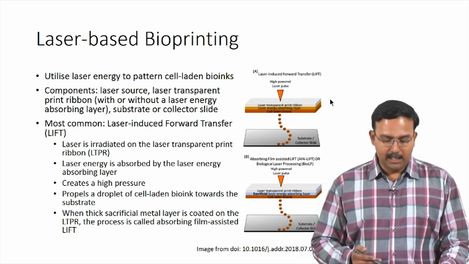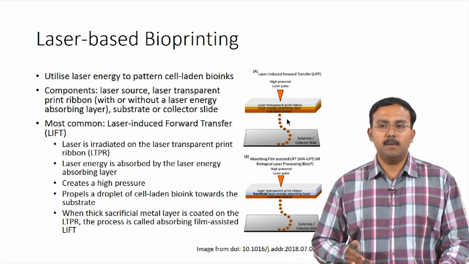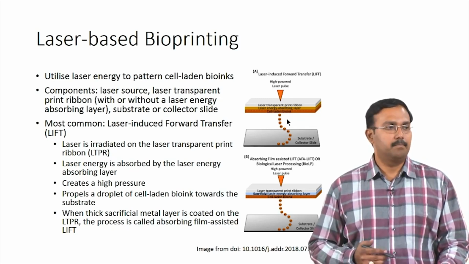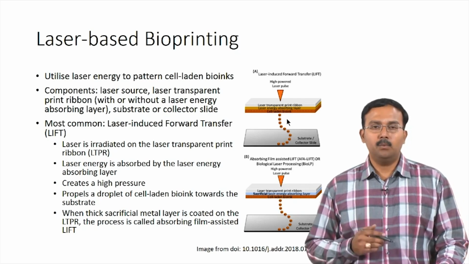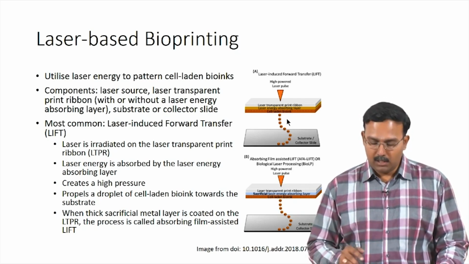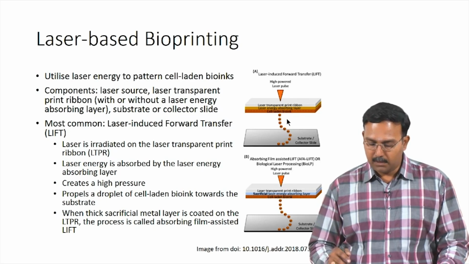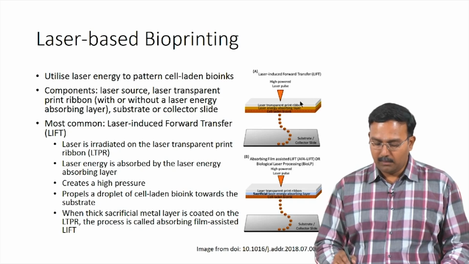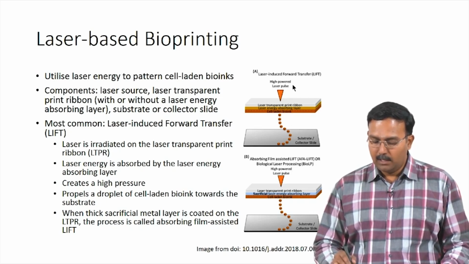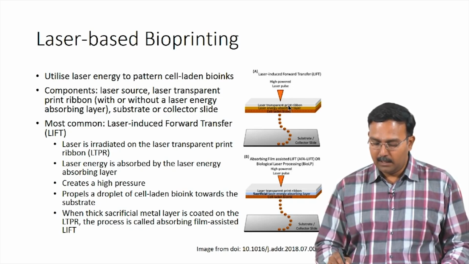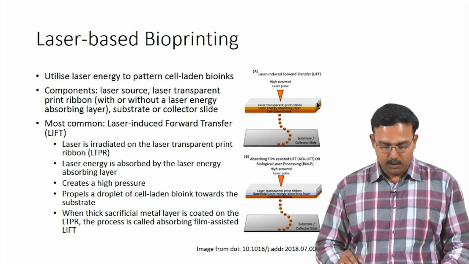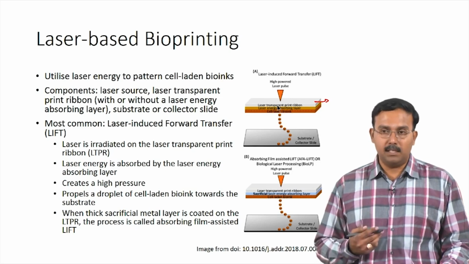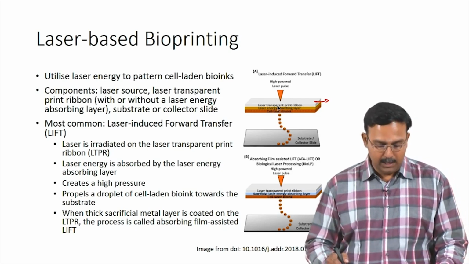The most common technique used in laser based bioprinting is the laser induced forward transfer, or LIFT. Here, the laser is irradiated on the laser transparent print ribbon. You have the laser which falls on the transparent ribbon, and a laser energy absorbing layer which absorbs the laser energy, and below which is the cell laden bioink.